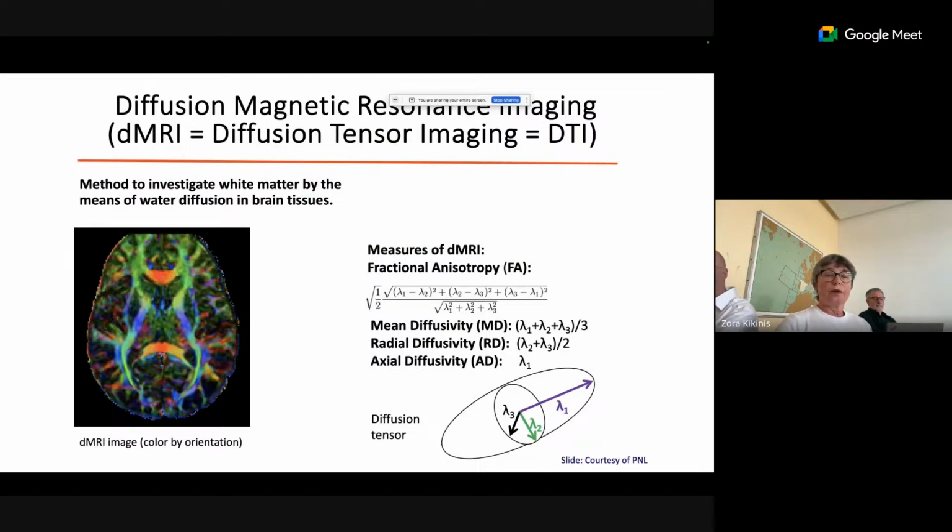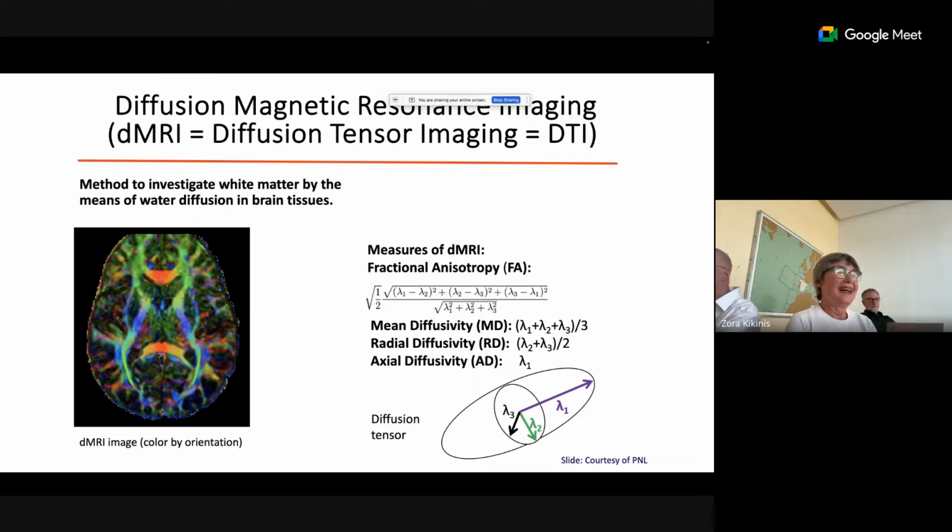I think the very important thing for people with my background is first to figure out that diffusion magnetic resonance imaging is the same as DMRI or diffusion tensor imaging or DTI. One has to be aware that what we are measuring is just diffusion of water.